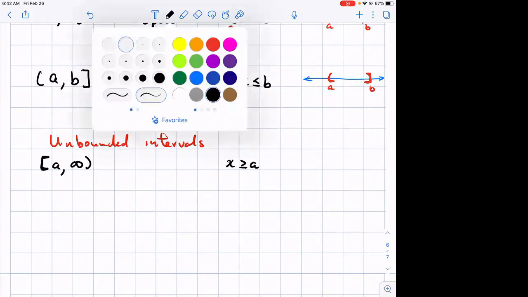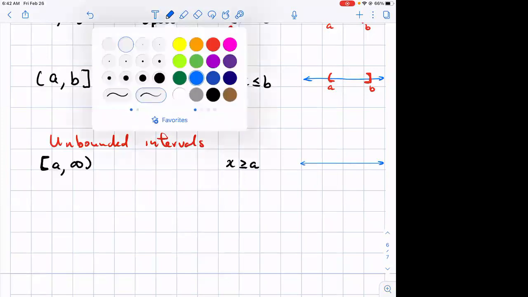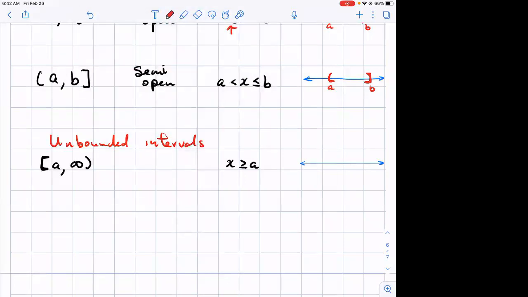On the number line, if we have A somewhere over here, that's all we know, and it goes on and on. So you draw a line and just put an arrowhead on it. You can make it as long as you want, or once you show which direction it is going, you can make it shorter if you choose to.